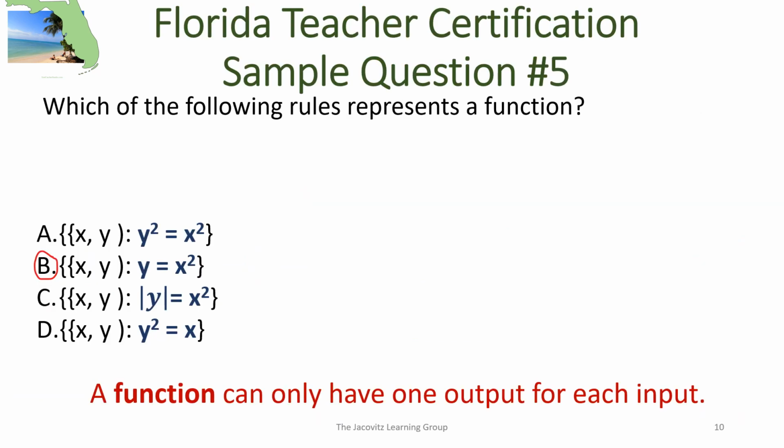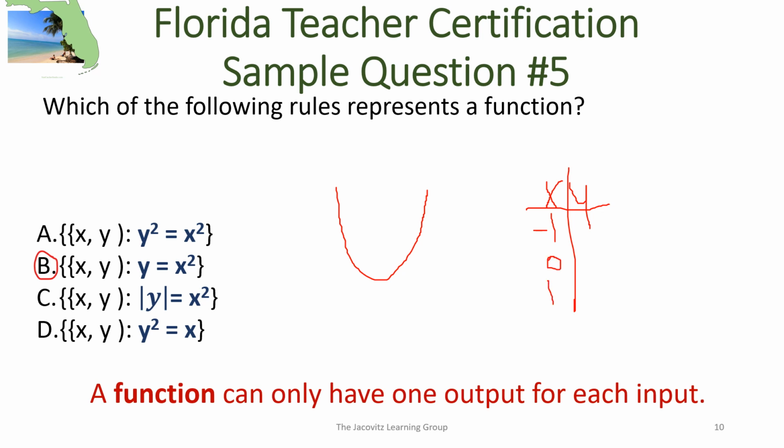Last one. A function, for those of you who teach, you recognize this automatically because you know that functions are always written a certain way, and usually they're written with x squared equals y. So which of the following rules represents a function? A function can only have one output for each input, and so we know when we do parabolas, we can have a function, really popular for quadratics, we can have negative value, -1, you can have 0, you can have 1.